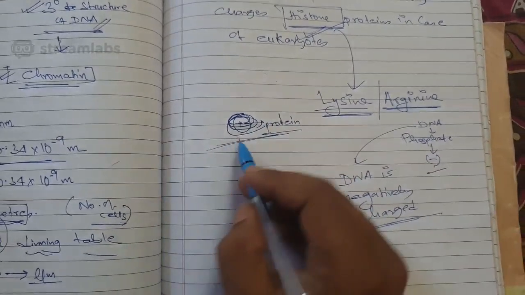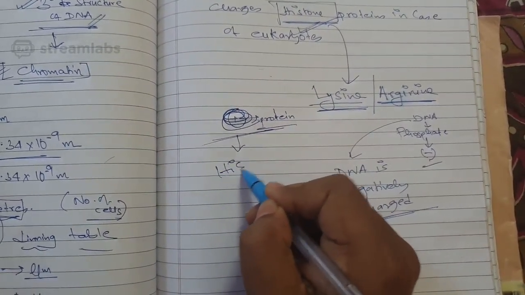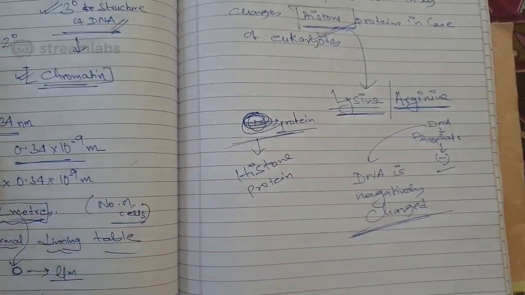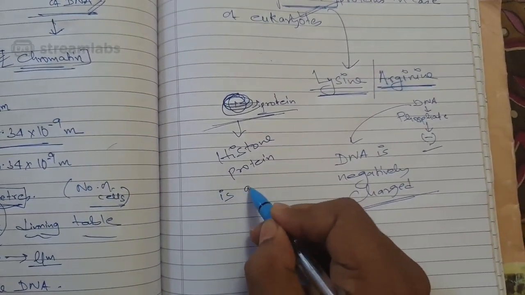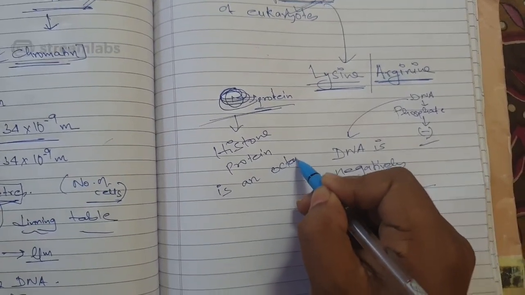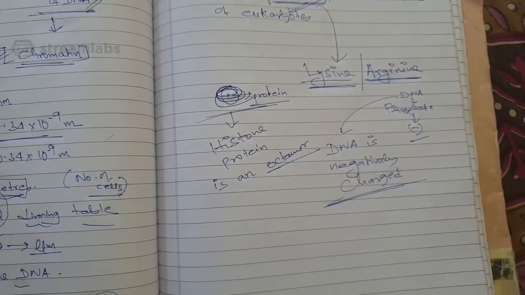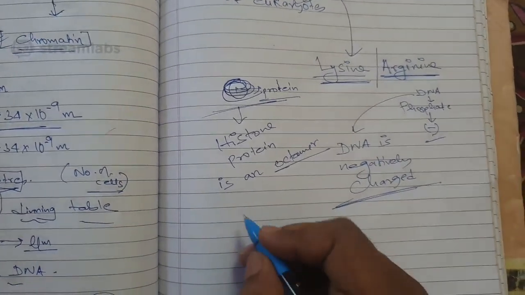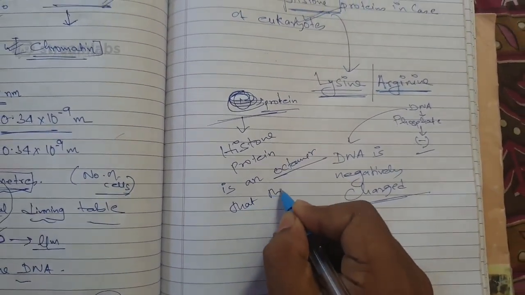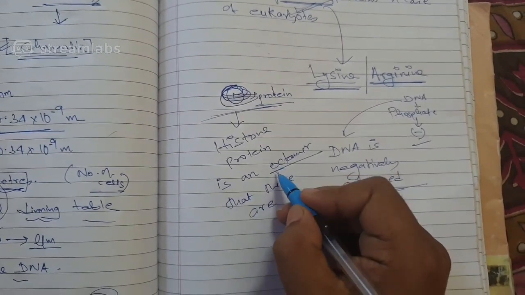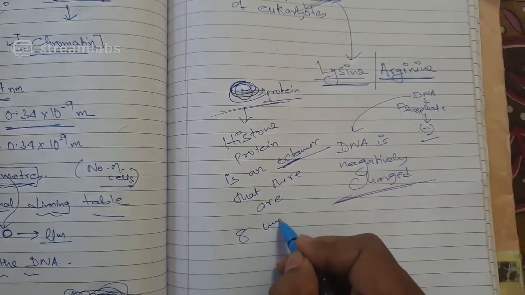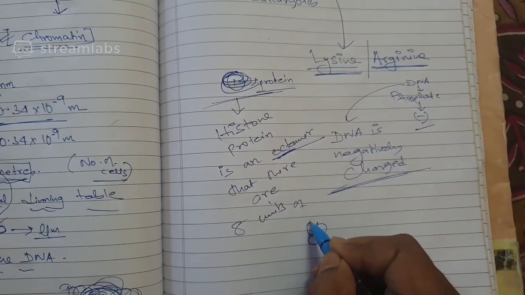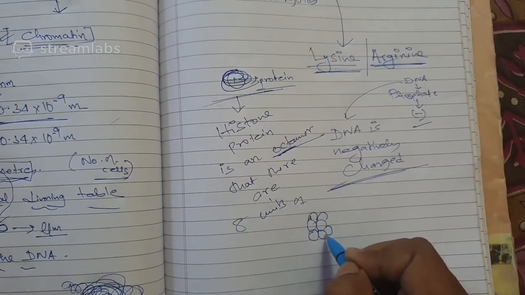Anyway, so you should remember that histone protein is an octamer. What is the meaning of octamer? Octamer means that there are 8 units of protein linked with each other, 4 like this and 4 at the back.